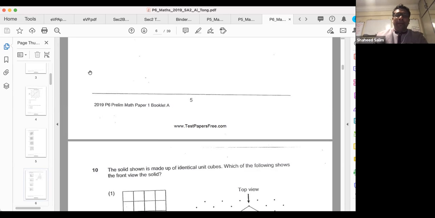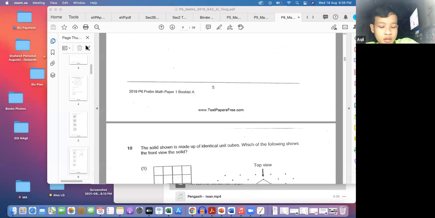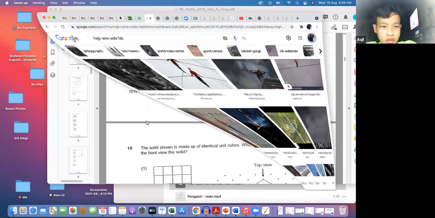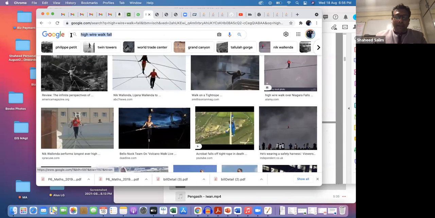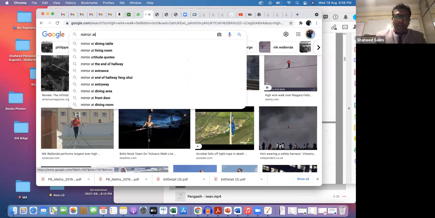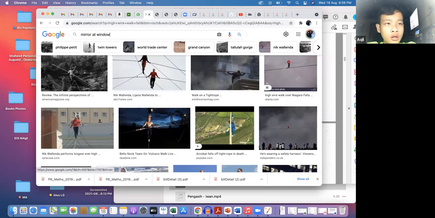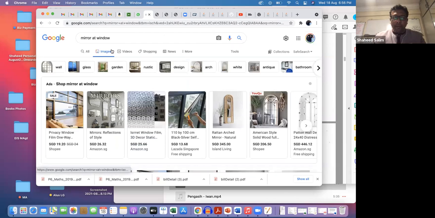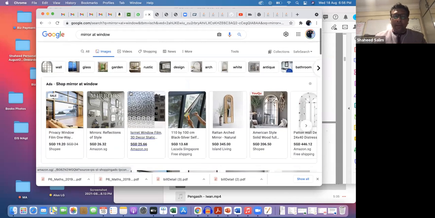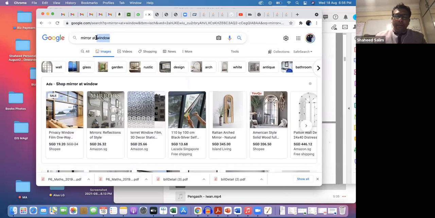This one actually is the belief of some people. Mirror at window. Mirror at HDB window louvers.